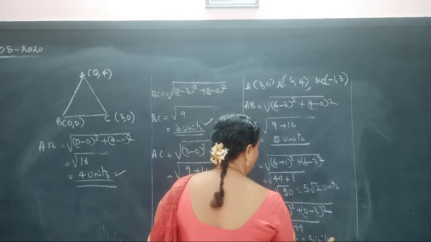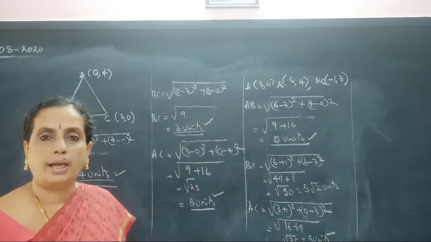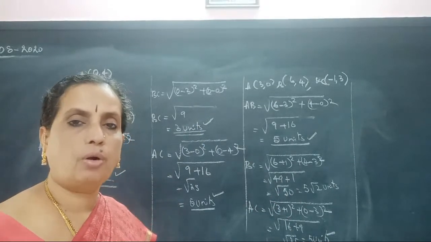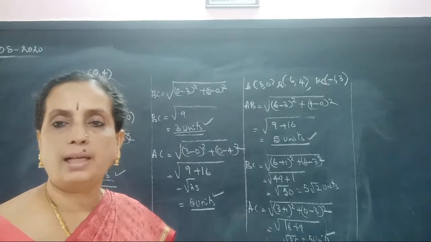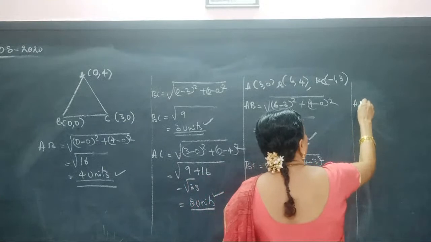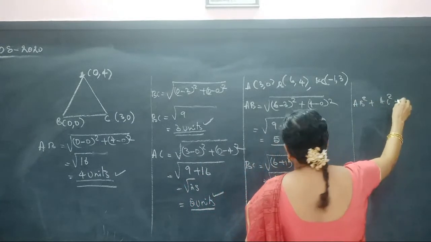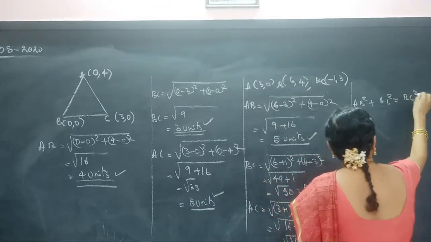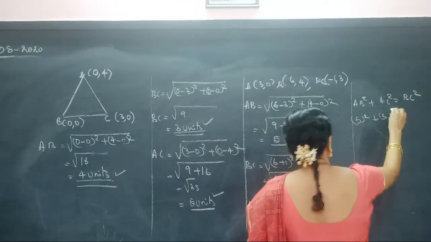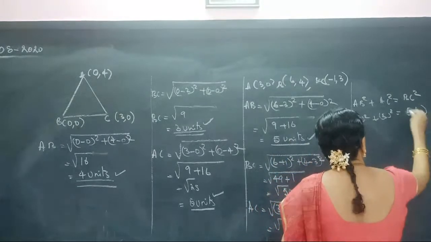So this shows that two sides are equal in measure, so they form sides of an isosceles triangle. Again we have to check whether they form a right angle isosceles. For that we have to check AB square plus AC square is equal to BC square. That is 5 square plus 5 square equals (5 root 2) whole square.